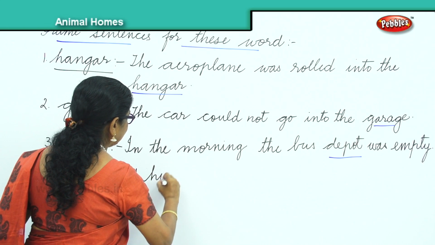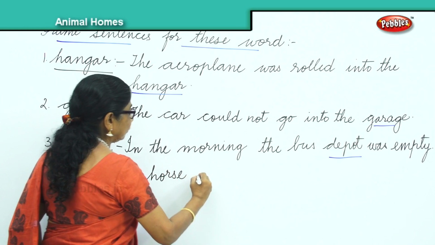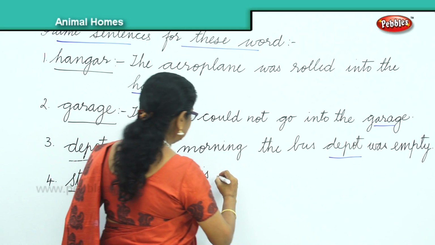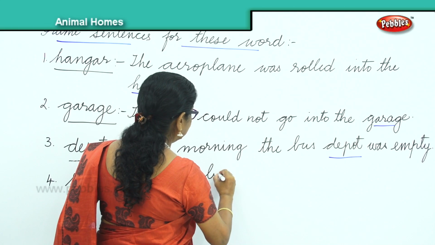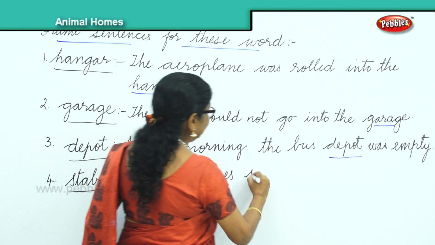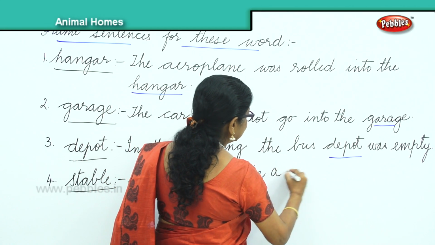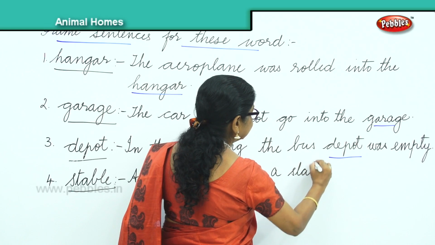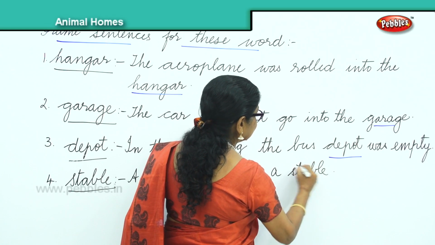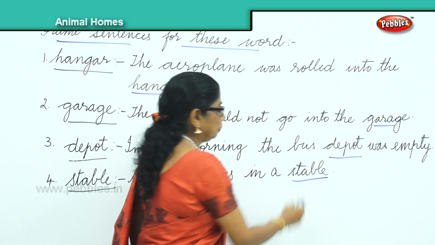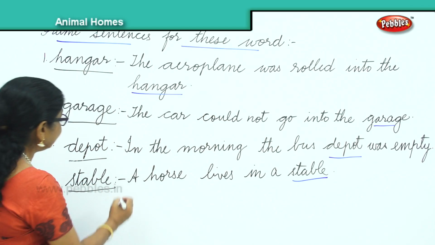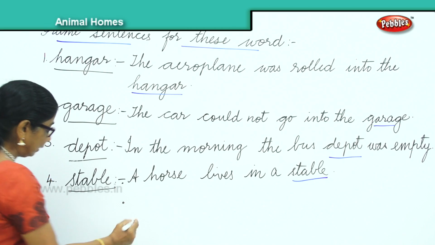A horse lives in a stable. You can also say the stable. I give you another, we'll write another sentence.